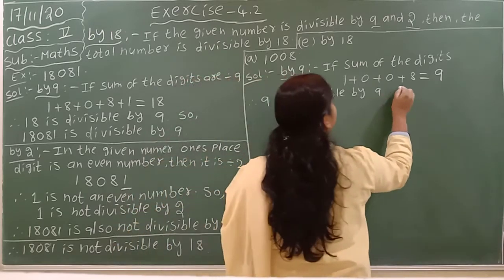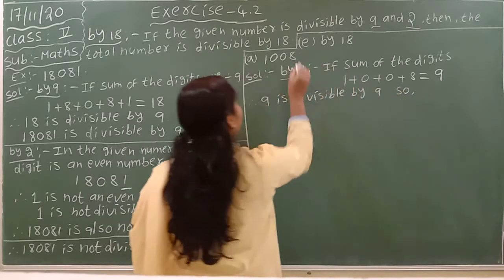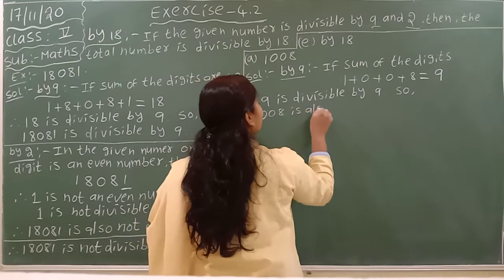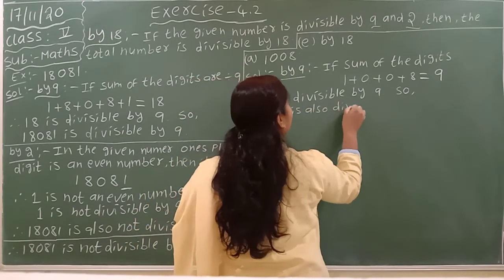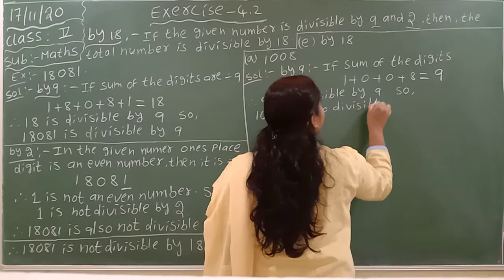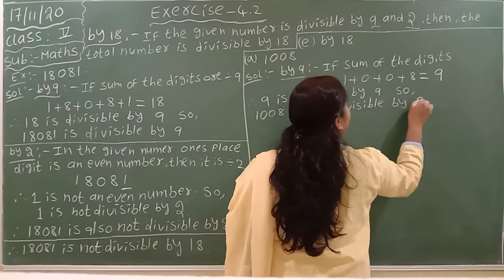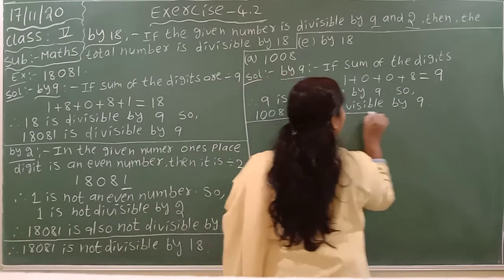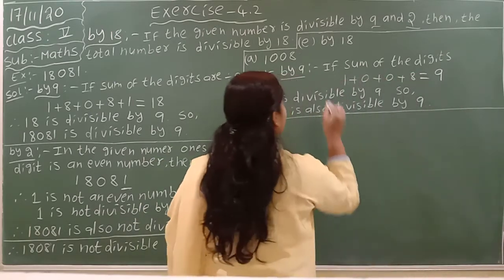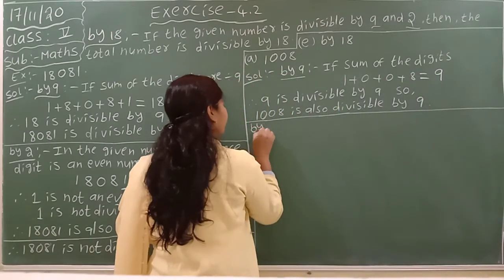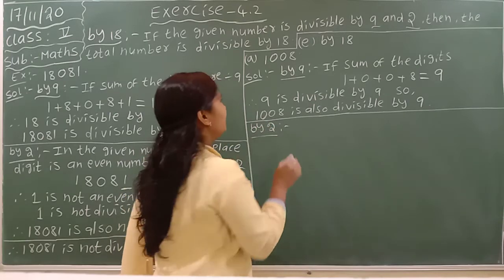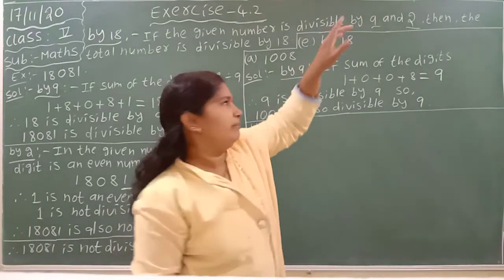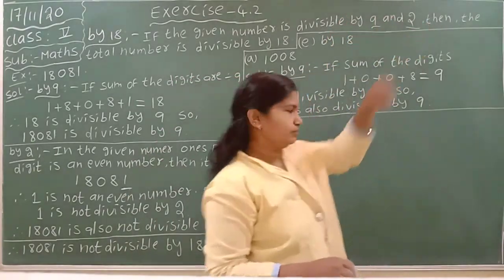So the total number 1008 is also divisible by 9. Then you have to check the next property, that is by 2. Why? Because it must and compulsorily be divisible by 9 and 2.